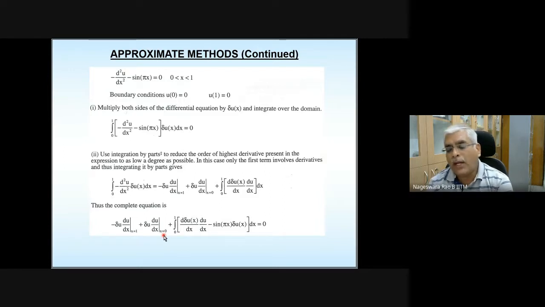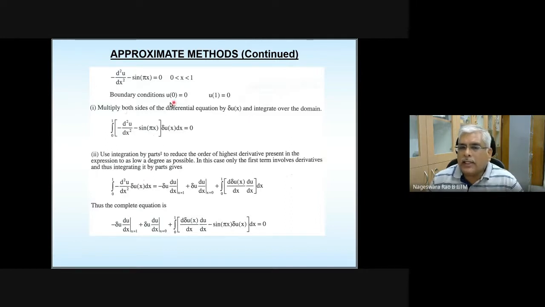And while solving problems using weighted residual methods, I emphasized even in the last class, whatever approximate solution you get has to satisfy essential boundary condition.